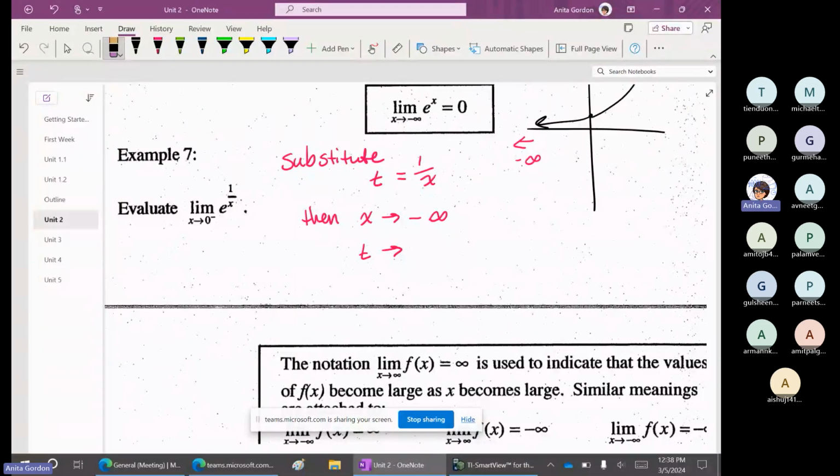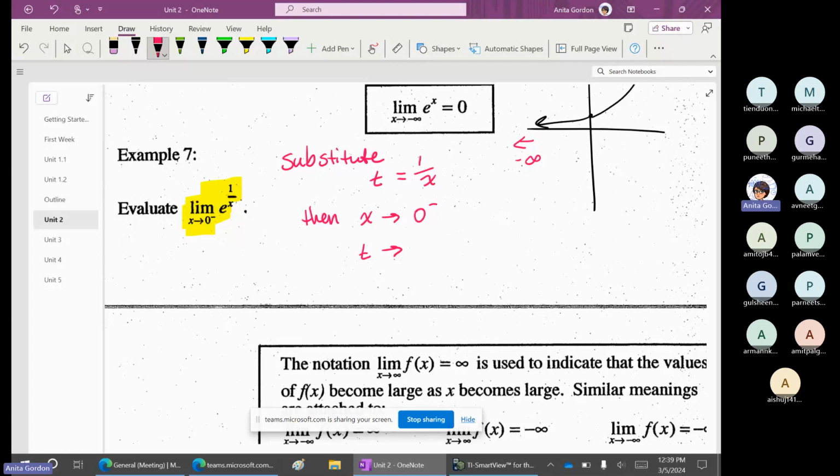I'm looking at the wrong spot. This is what I'm interested in. If x approaches 0 from the right, it reaches infinity, because 1 over x reaches infinity when it's getting closer to 0 from the right.